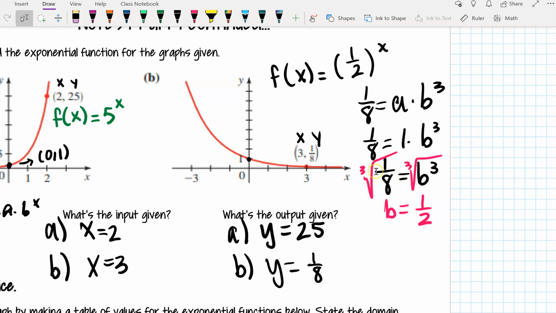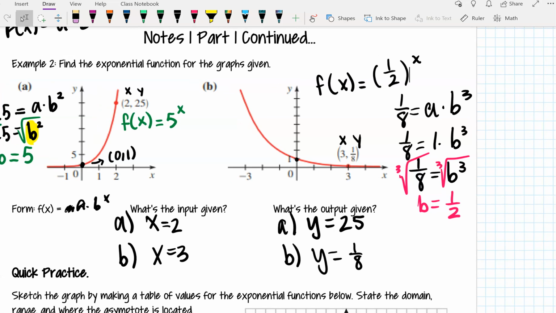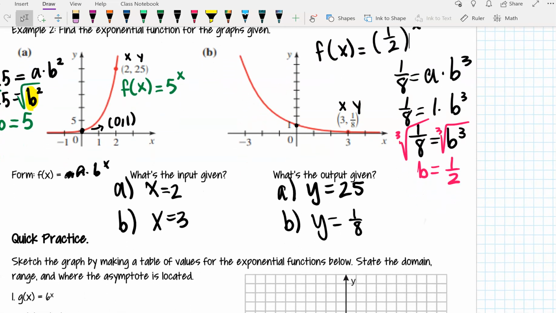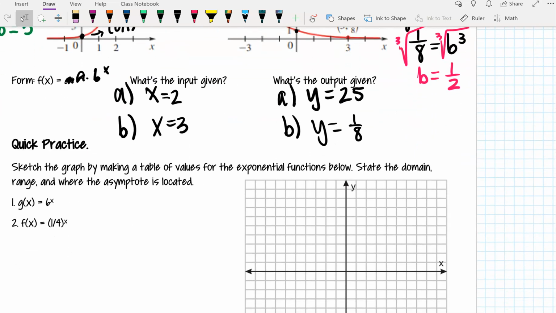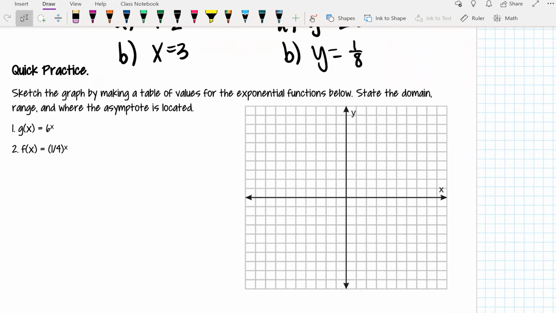What fraction with 8 in the bottom, like what is the cube root of 8? What cubed in the bottom would give me 8? And that's 2. 2 cubed is 8. So when we find b, we rewrite it as our function. Okay, so that's how I would think about it, like what cubed or what squared, if you're not sure about using your radicals.